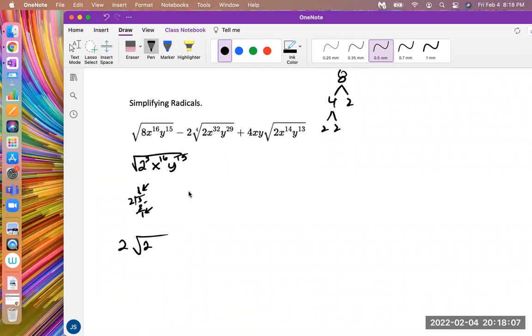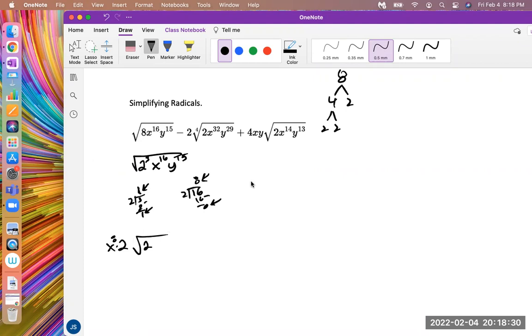Okay, then I take 16 divided by 2, I have 8, remainder 0. So that tells me that I have 8 x's on the outside of the hood, and I have 0 x's left under the hood. I'll just write it on the outside, x to the 8th.